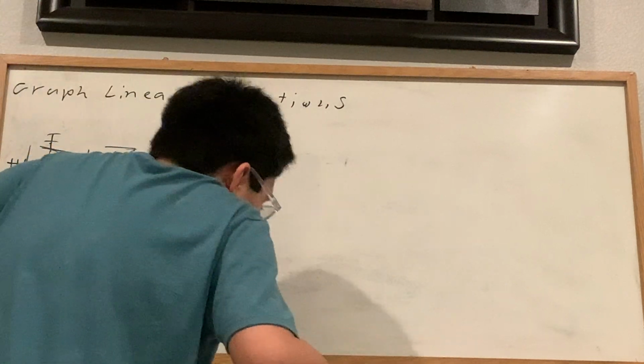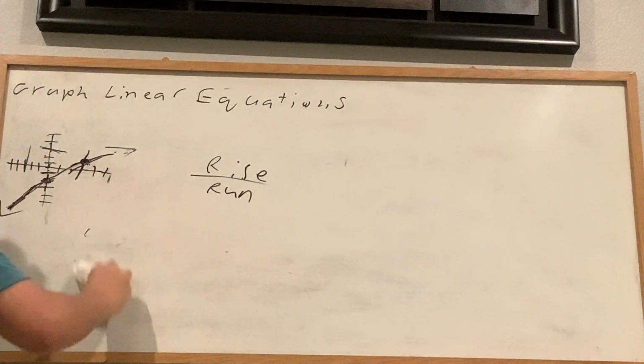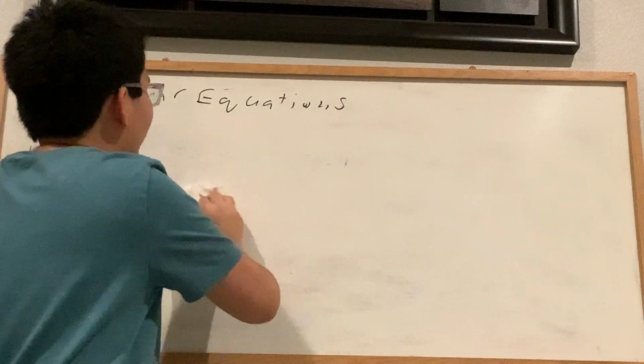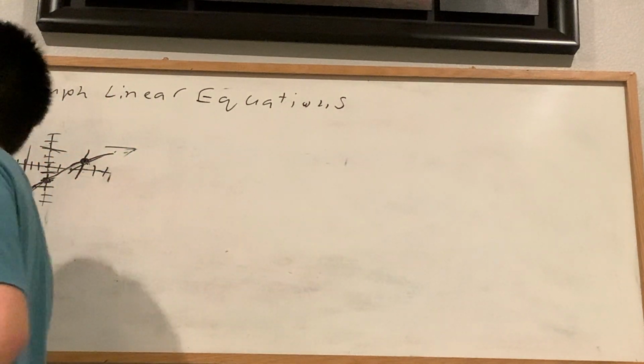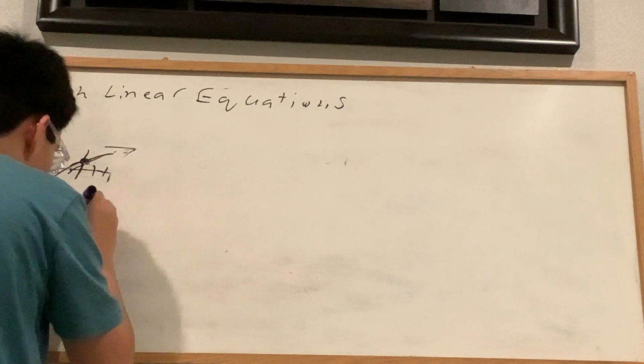We don't need to figure out y, because y is the y. It's the original, and x, right? Now all we need to do is write the equation in slope-intercept form. So the y is just y.